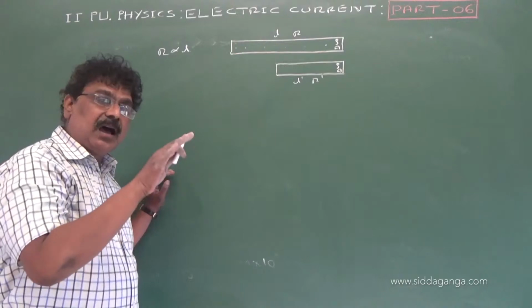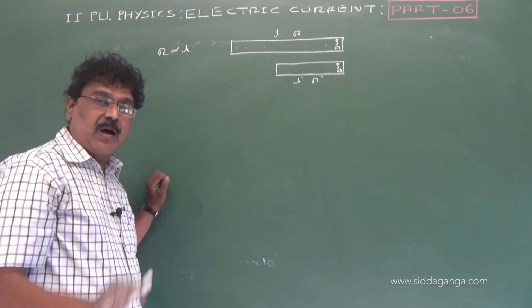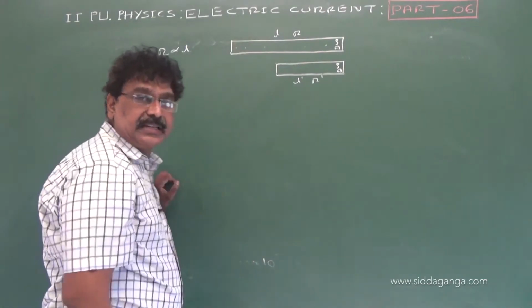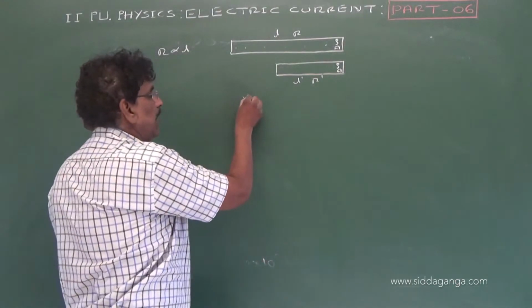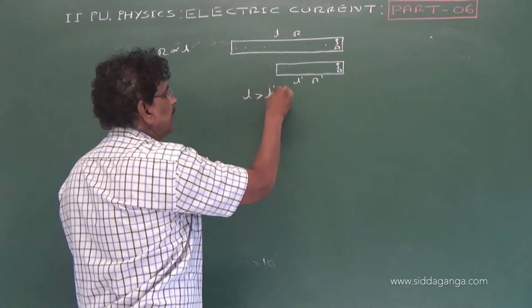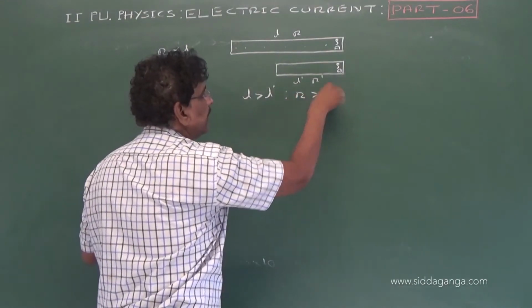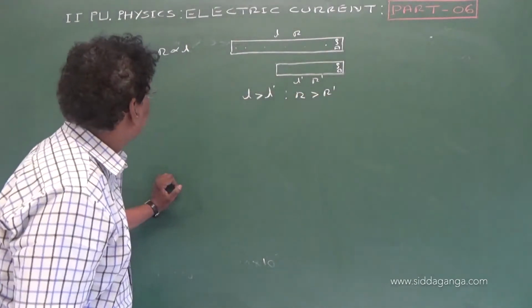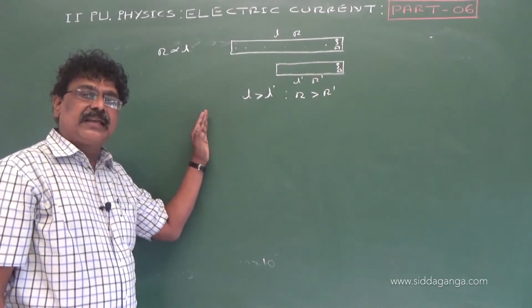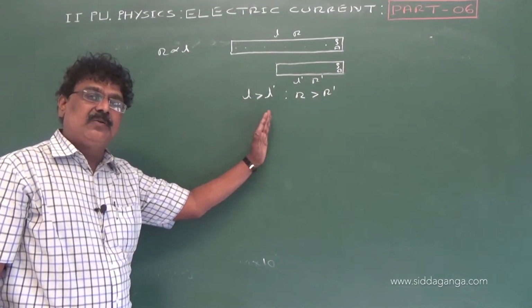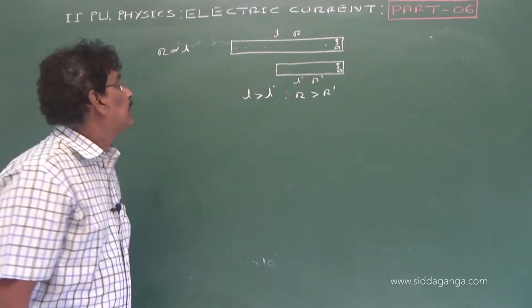That means obstruction is more, opposition is more, and resistance is more. So, as L is greater than L dash, that means R is greater than R dash. That's why resistance of a conductor is directly proportional to the length of the conductor.